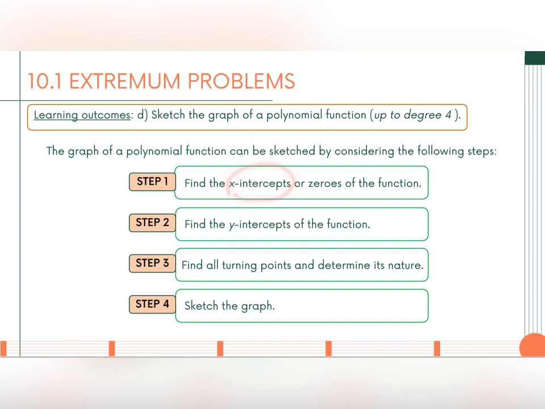We need the x-intercept, we need the y-intercept. Only here we need the turning points and to determine their nature. So, turning points here means we need to find the critical points, which are stationary points and also our inflection points. And we have to identify these to get a perfect graph. Okay, and then lastly we will sketch the graph. Only I missed one step here. Before we sketch the graph, we must also consider the limit as x approaches positive infinity and also negative infinity of our function. So, we want to know where the ends of the graph are heading. Okay, so later we will see how to do it.